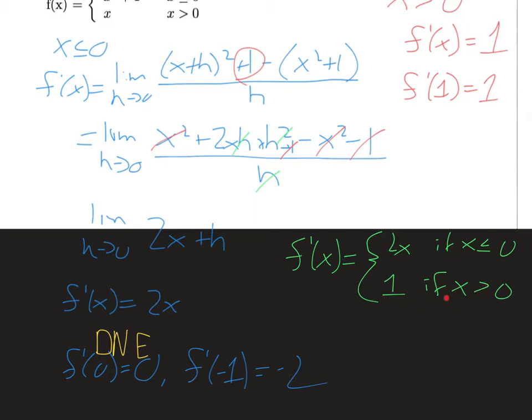But if I approach x equals 0 from the right, I'm going to get 1. And we know that when the left-hand limit and the right-hand limit approach different things, the limit does not exist. And so that's the situation we have here. Because the derivative is a limit, that limit does not exist at x equals 0, where we switch from one piece to the next. Let's look at a picture to show us what's happening here.